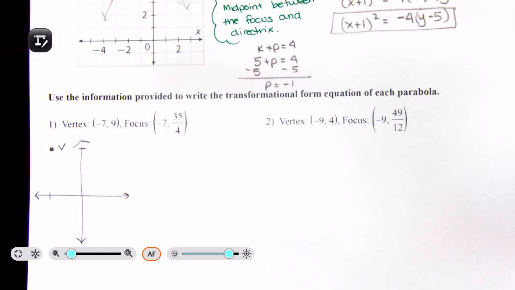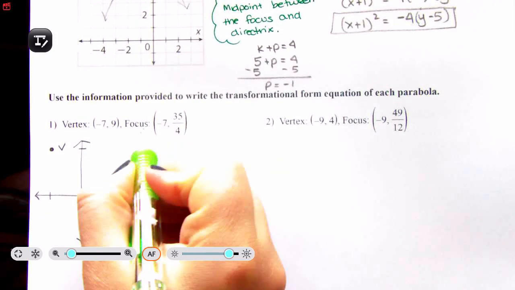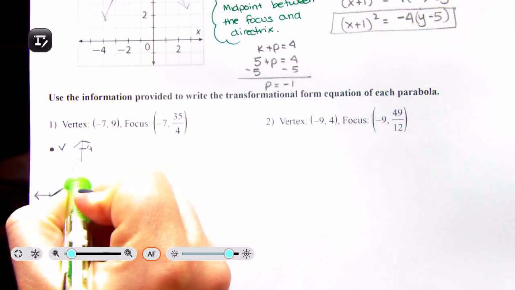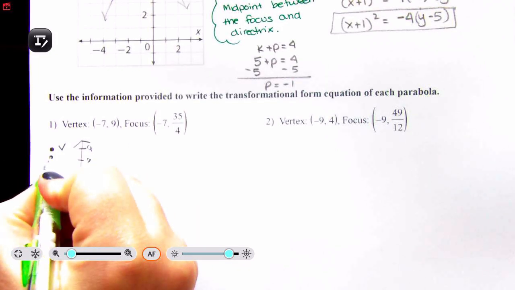You can use your calculator to get a decimal, but we're just trying to get a rough estimate. 35 divided by 4 is about 8.75. So here's your vertex, here's your focus. If this is 9, this is 8, so 8.75 is about here-ish.